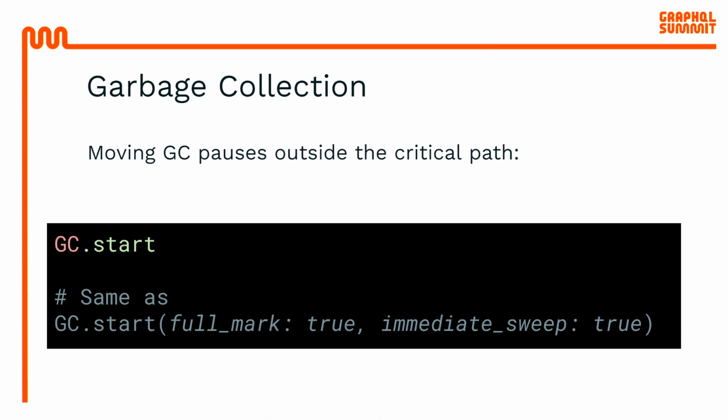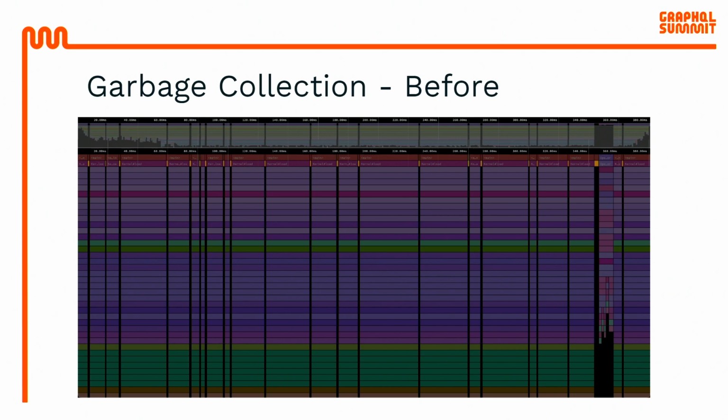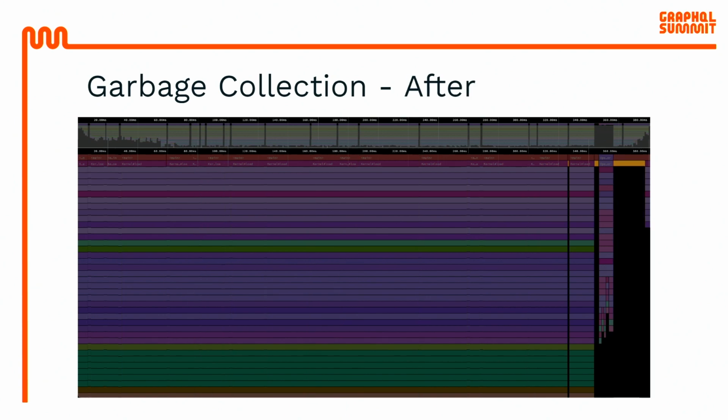We can go from a situation where a lot of garbage collection pauses happen while the client is waiting, to another scenario where we shift all the garbage collection to just after we send the response back. So those 24 milliseconds that the client had to wait for us to free memory are drastically reduced.